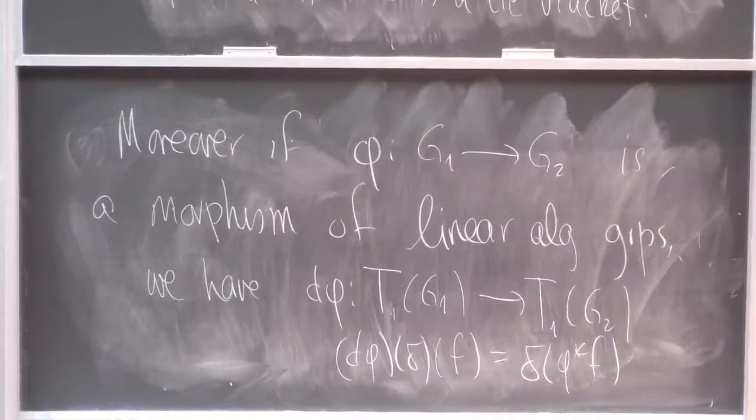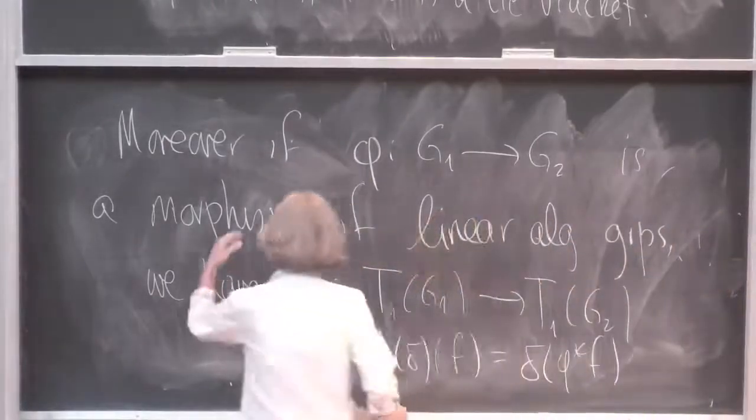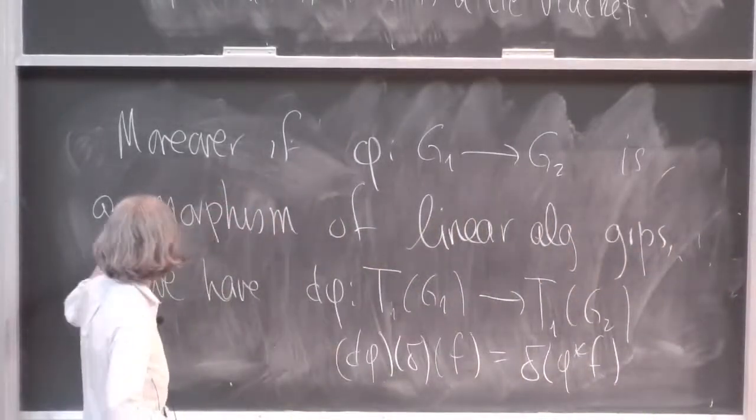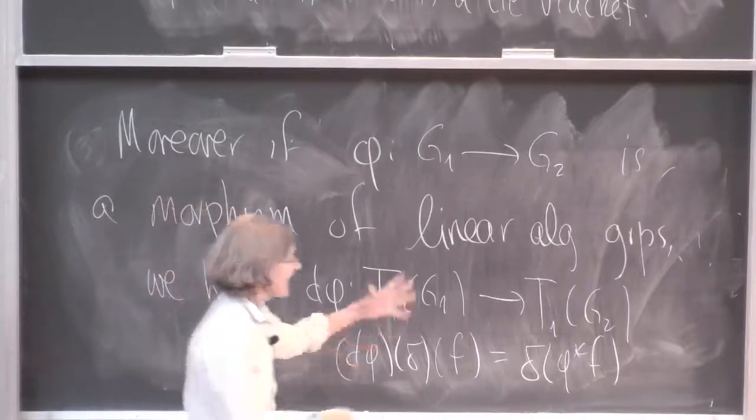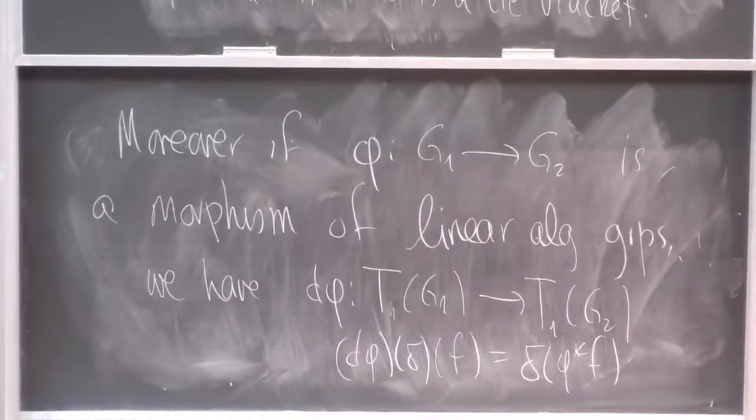So moreover, if phi is this, we have this, and d phi is a Lie algebra homomorphism.